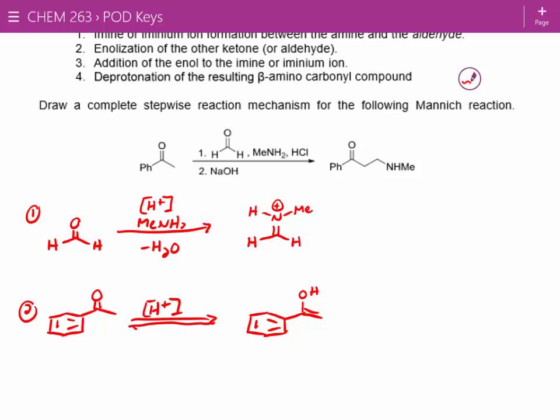And then in the next step, it's kind of unique, but what happens is that these will attack each other. So your enol can add into your iminium ion and kick up electrons onto your positively charged nitrogen. So this is step 3.